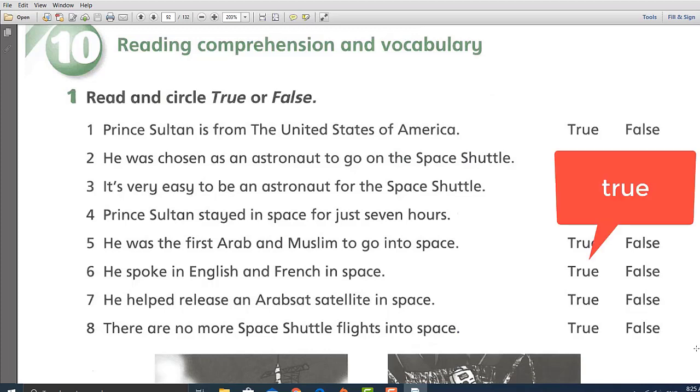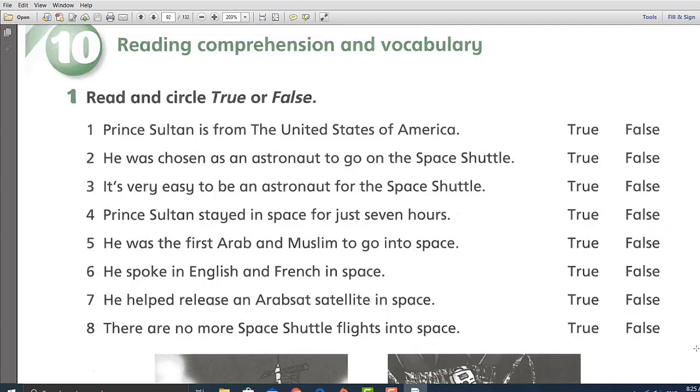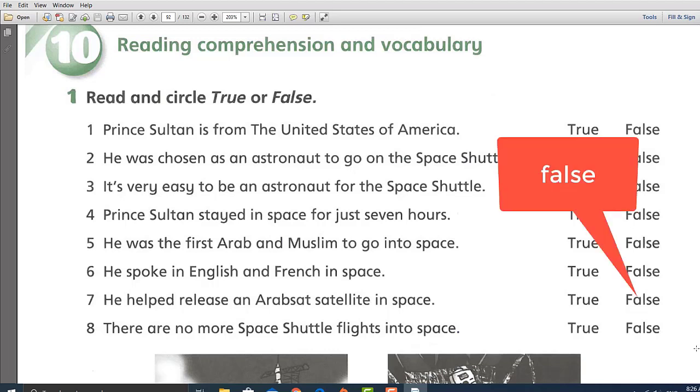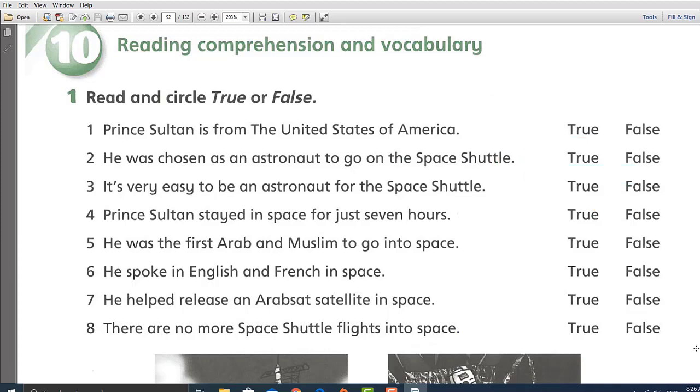Number 6. He spoke in English and French in space. You remember when he called King Fahd? Did he speak in English and French? False. He spoke in English and Arabic. Number 7.